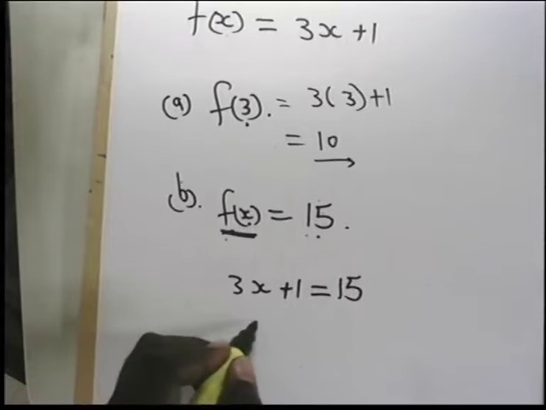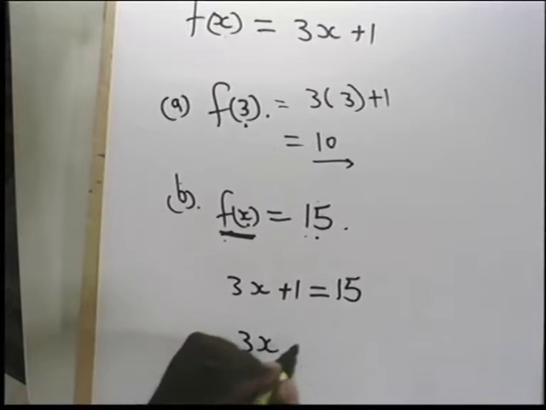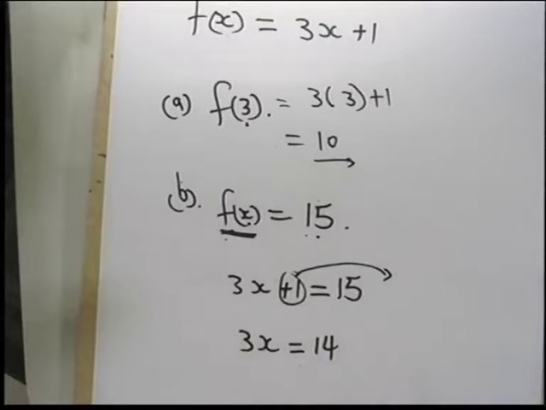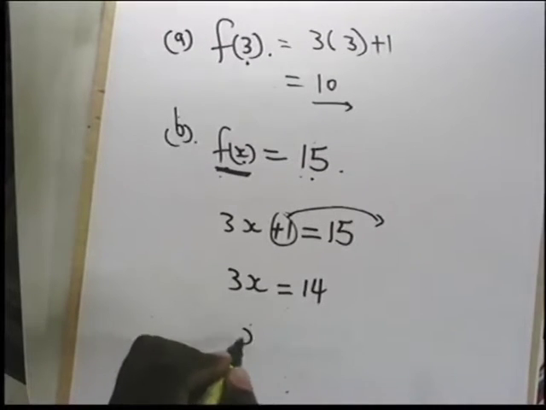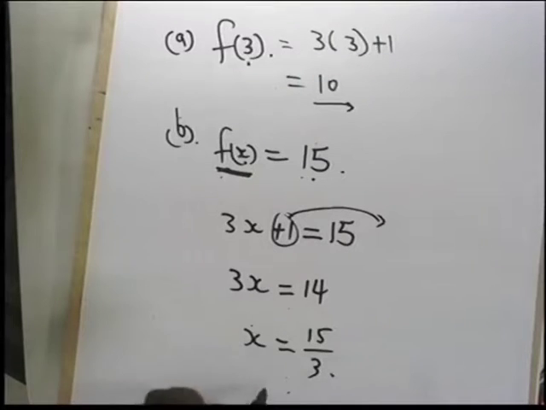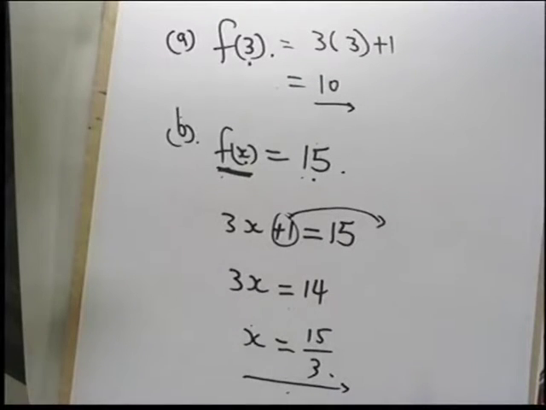And that being the case, 3x will be equal to 14, because when we take the 1 across, it will be subtracted, and therefore x on its own will be equal to 14 over 3. And that would be our answer.